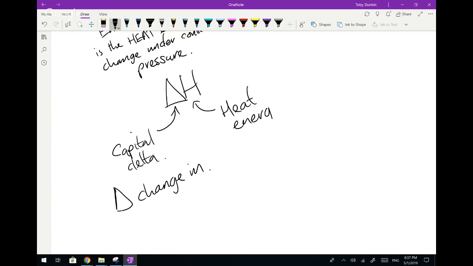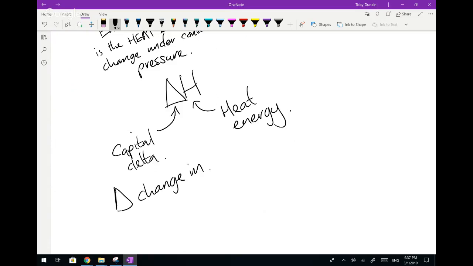And that's important. Lots of people just quote it as heat, and that's not allowed. We need to emphasize this idea that you must use the term heat energy. Students often ask me why. The reason is there is a difference between heat energy and temperature.